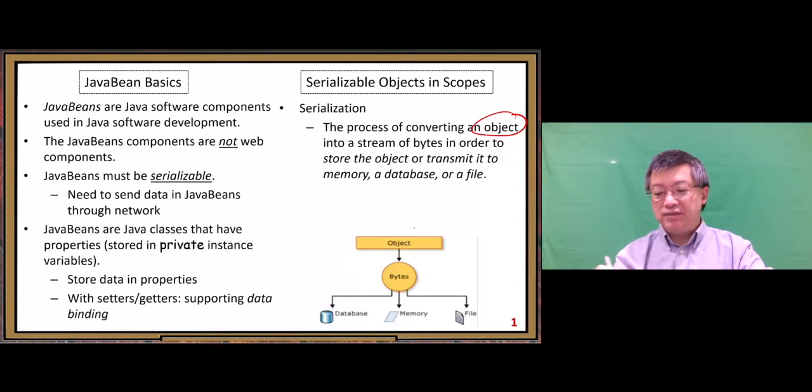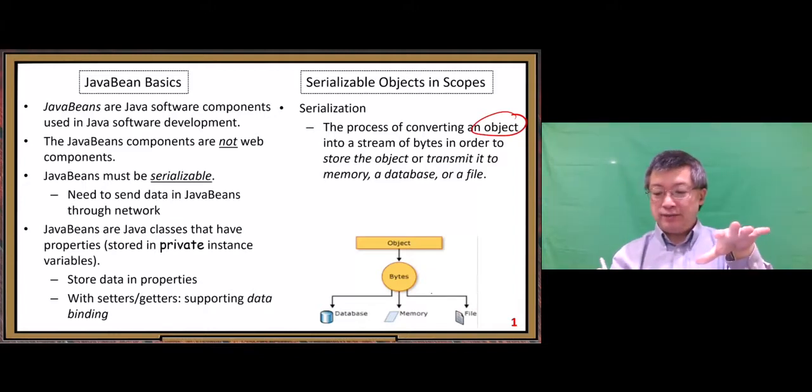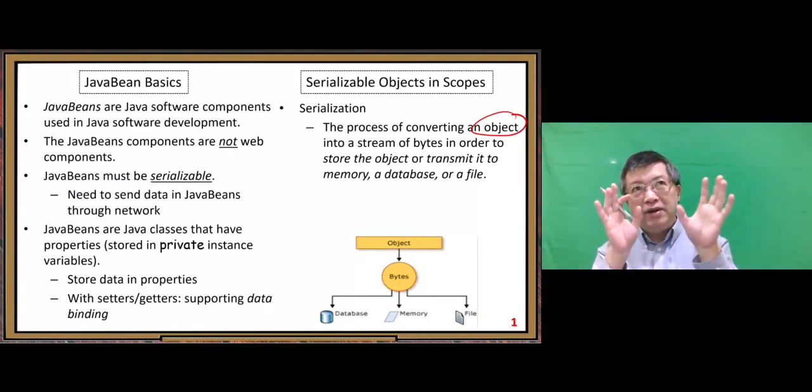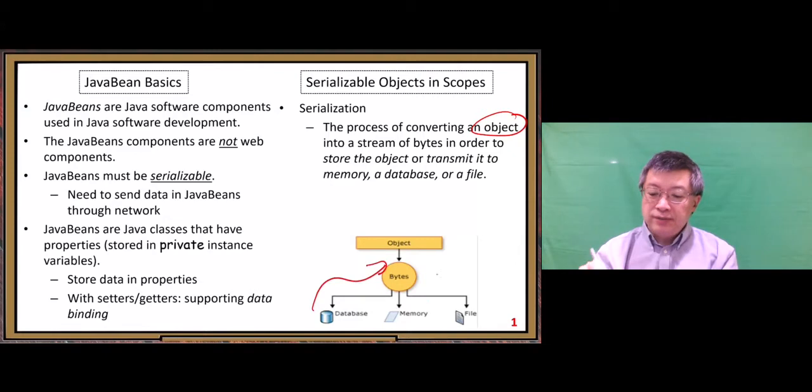The object is represented as a stream of bytes, binary data, then stored in different mediums: main memory, database, hard drive. Then there is an issue. When you store in different places, can you recover it?